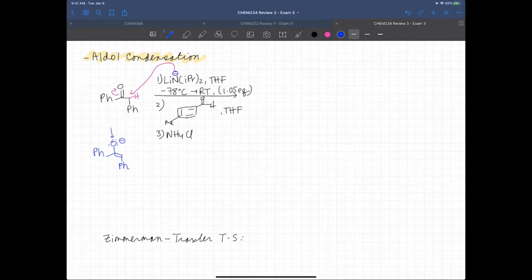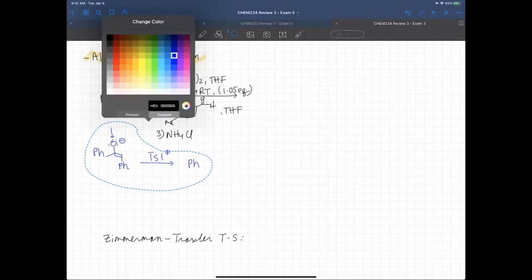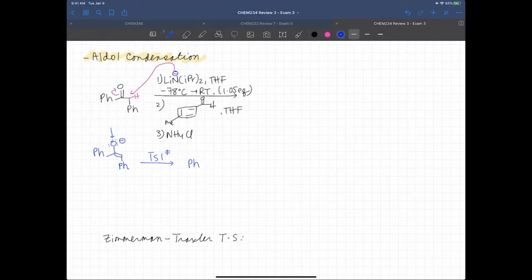Then this forms transition state 1. And then, because now I know that it's a Z enolate, I will get this product here.